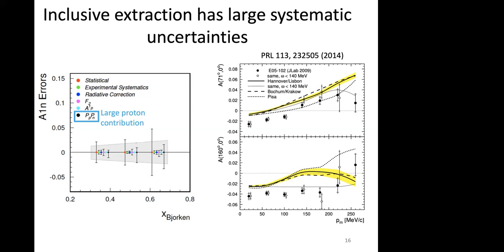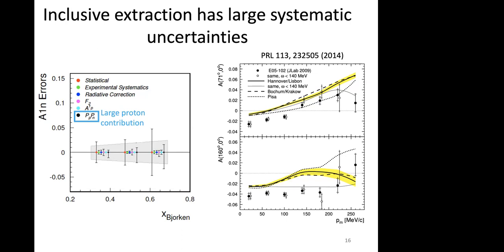This shows the comparison of data and calculation. Even the state-of-the-art calculation, the best calculation we have at this point, doesn't have good agreement with the data. So this means that we still don't have a really good understanding of the ground state of the helium-3 in order to nail down this uncertainty.